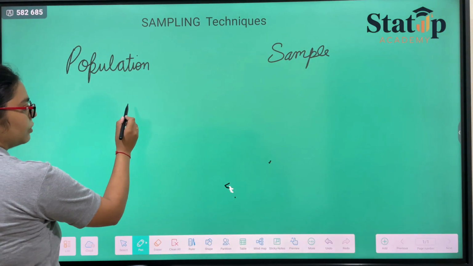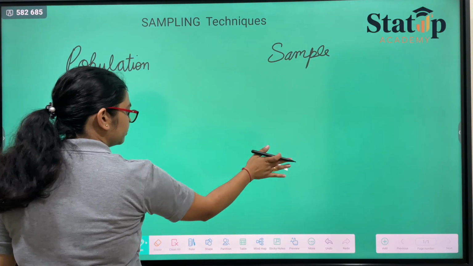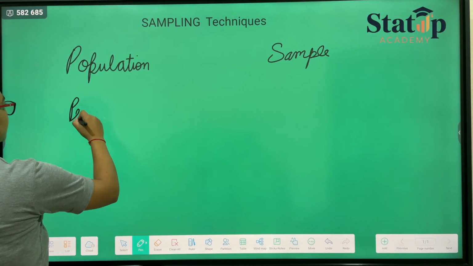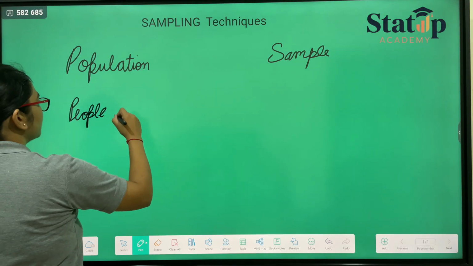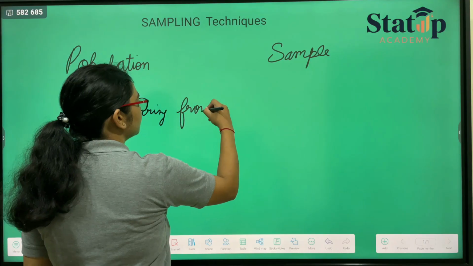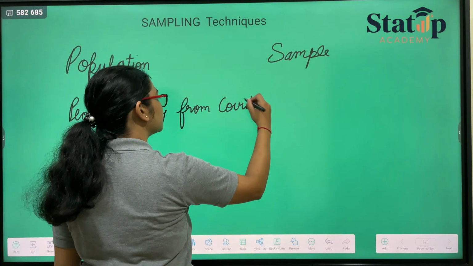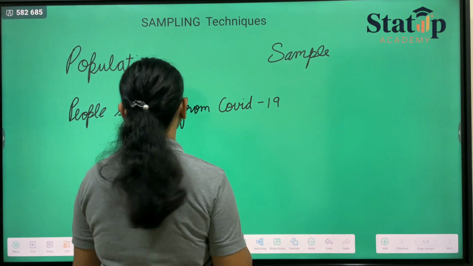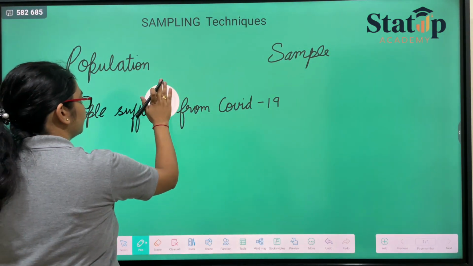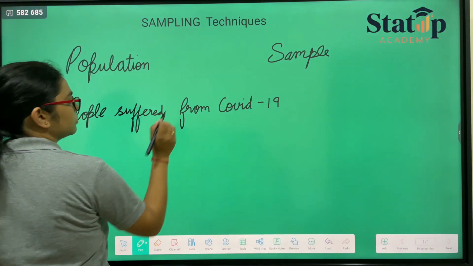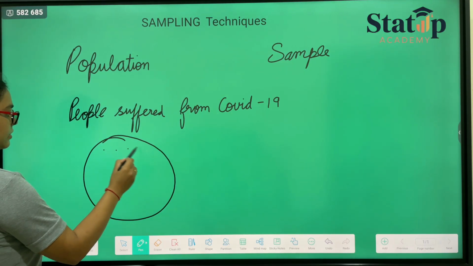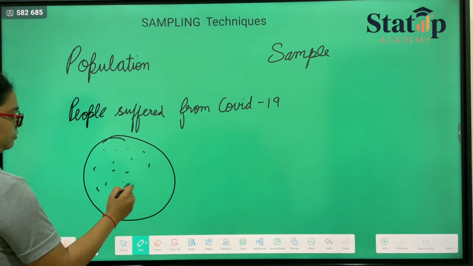So suppose I have to collect the data of people suffering from COVID-19. Suppose this is the data of people who have suffered from COVID-19. So suppose this is the population. It has thousands and lakhs of people.